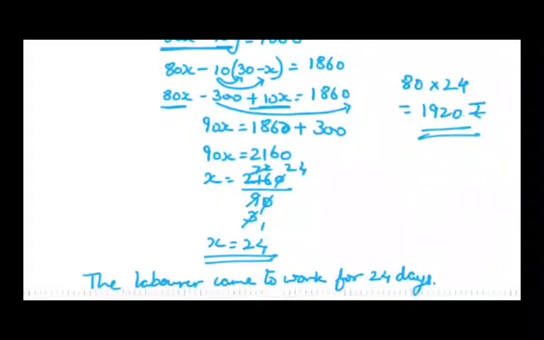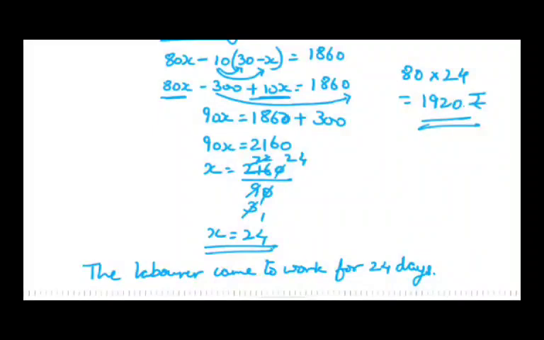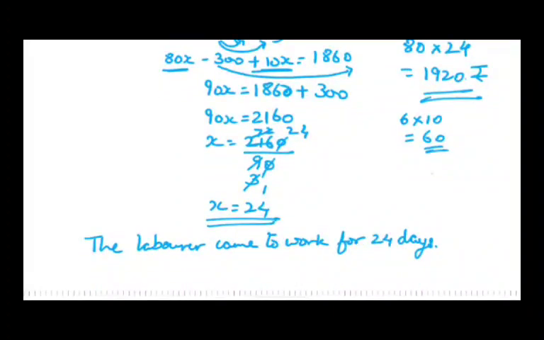Out of 30 days, he came for 24 days. So that means he was absent for 6 days. So 6 into 10 makes it 60 rupees. So he was fined 60 rupees. So 1920 minus 60 is how much? 1860. Perfect. Yes, children. This is how you can check with the amount as well.